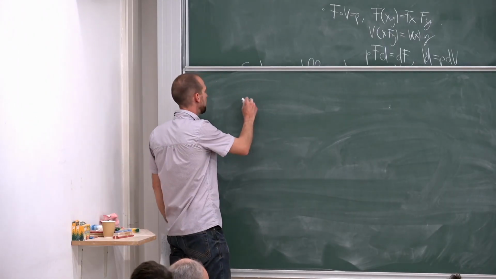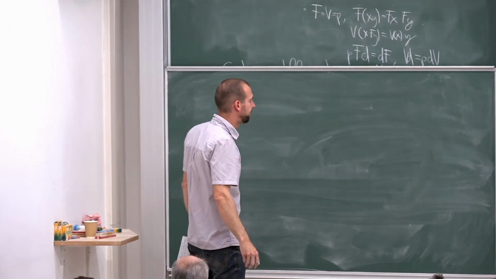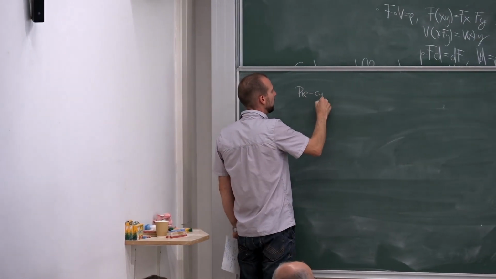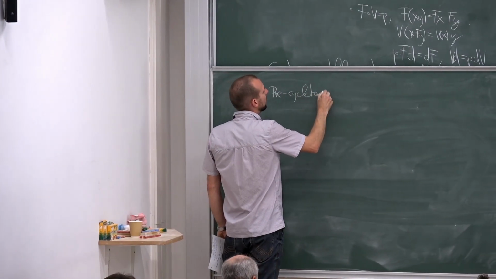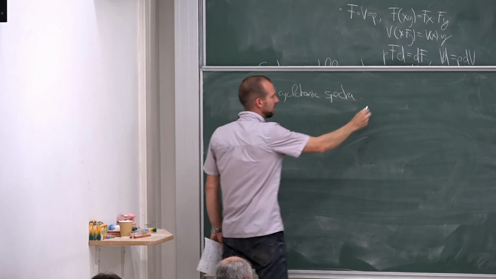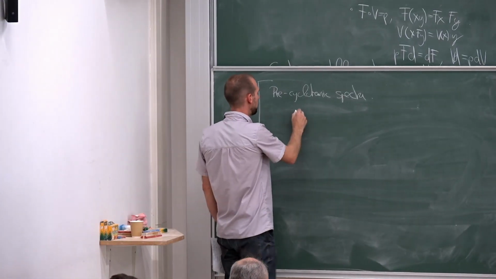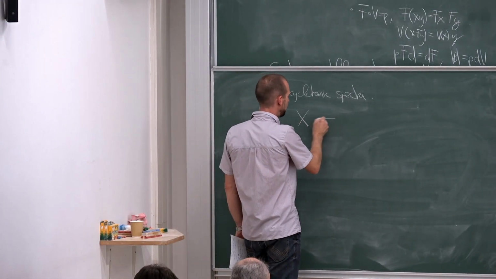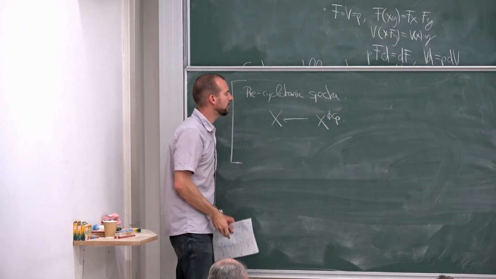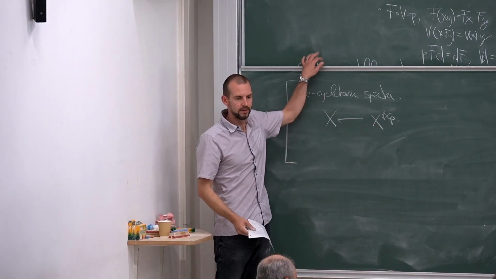What you can do is consider what some people call pre-cyclotomic spectra. In the genuine language, this would be a cyclotomic spectrum with a map from X phi Cp. A cyclotomic spectrum would be one where this is an equivalence, but I'm just requiring a map.